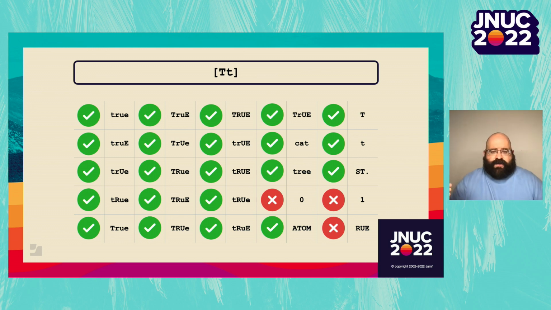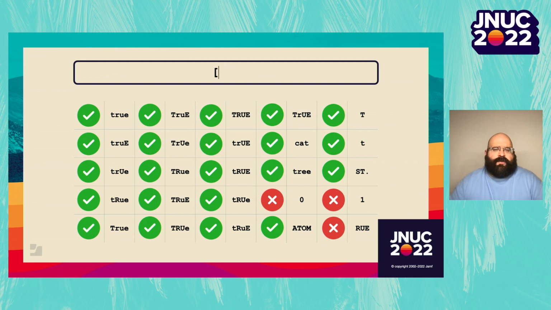So very simply, we're saying, show me all of the strings that have either an uppercase or a lowercase t in them. We see all of our trues, all of our uppercase and lowercase options for the single t by itself, and we also include cat and tree and atom, because those also contain an upper or a lowercase t.